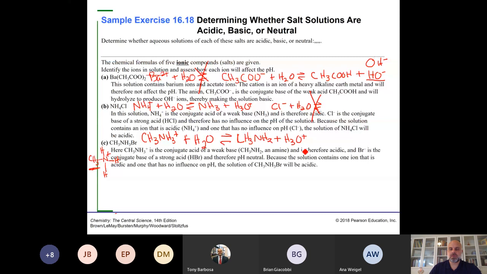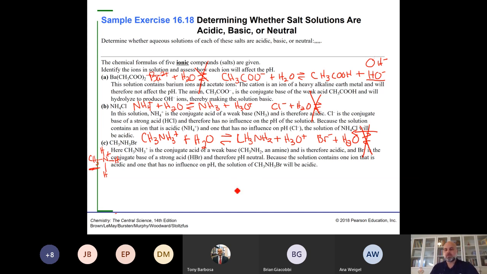So we form this acid in solution, whereas we look at, again, Br minus, and we say, is this going to react with water? And we go to draw the equilibrium, and we say, no, this will not react with water, because in order to react with water, you would have to form HBr, which would be a strong acid. So we know the equilibrium would lie completely to the left-hand side. So there's no equilibrium here.